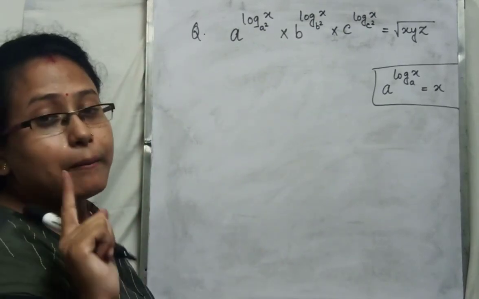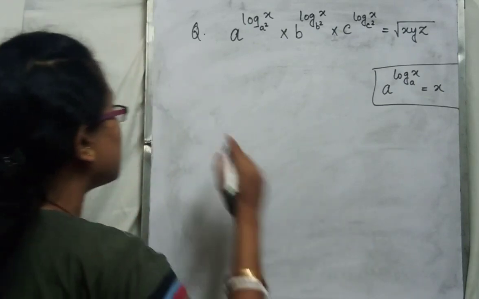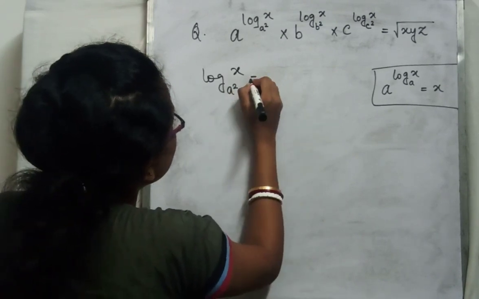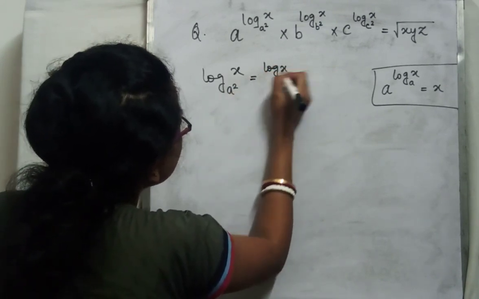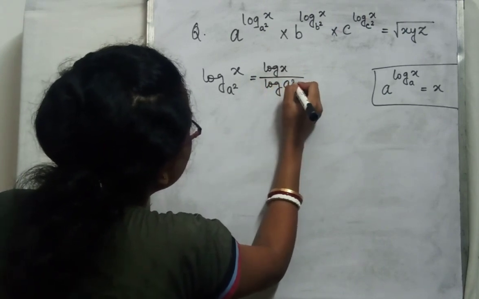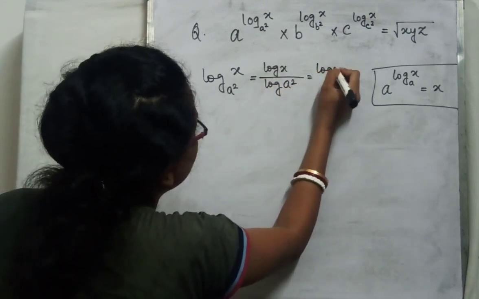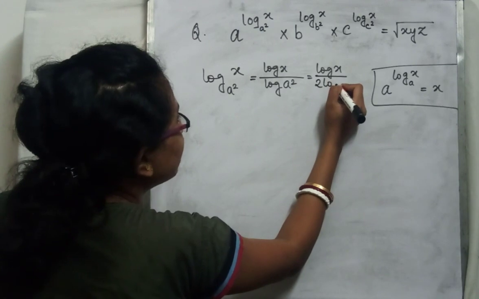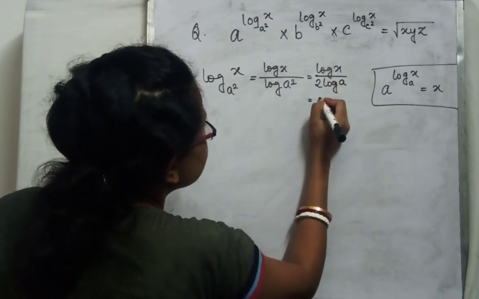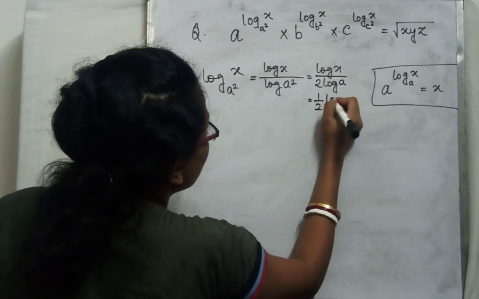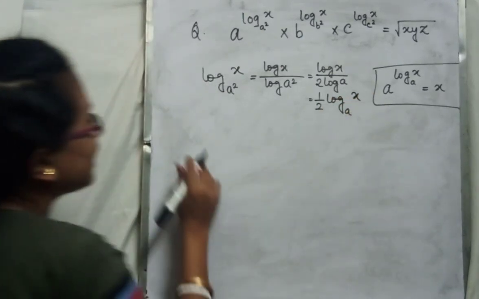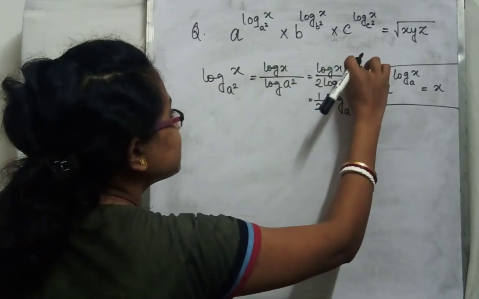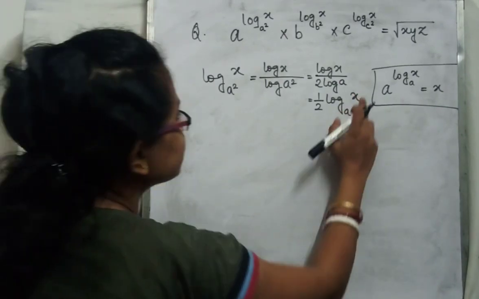See, base is not a, base is a square, so working with log x base a square, it gives us log x by log a square. So this power is coming in front, 2 log a, and it gives us 1 by 2 log x base a. Okay, log x base a.